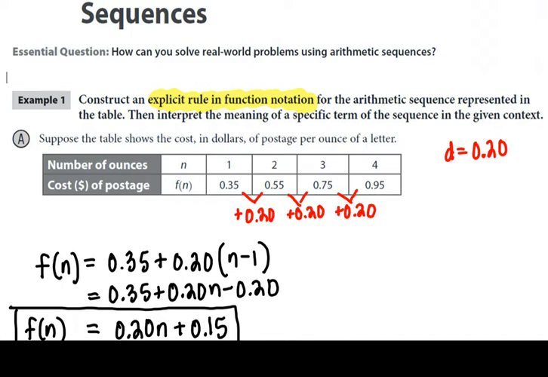Then interpret the meaning of a specific term. What would the value of any specific term mean? What does 35 cents mean? What does 75 cents mean? What does 95 cents mean?